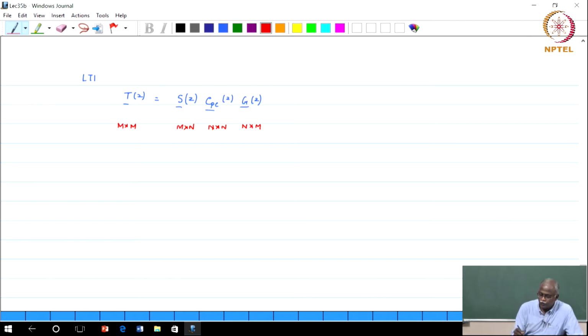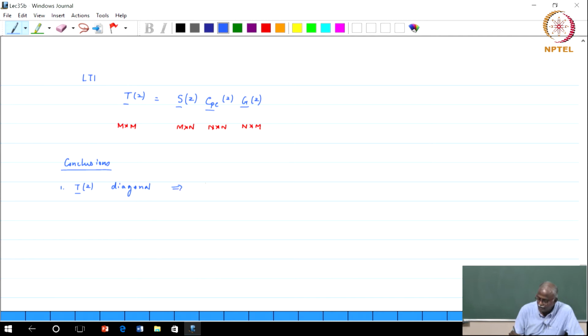Okay. So, the observations which we want to highlight are the following. Let us write this once more. The conclusions say that T of z is a matrix M cross M. If this one turns out to be diagonal, I think we have written it down previously, I will just write it for completeness.